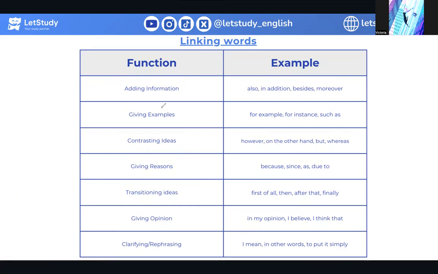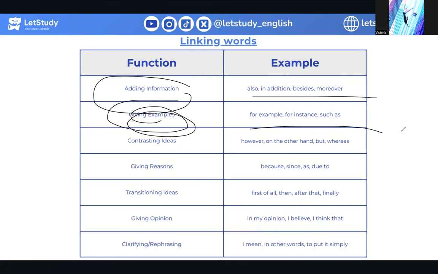So, example of linking words is to add information, like also, in addition, besides, moreover. Oh, in addition to that information, I want to add that blah, blah, blah. It's also used to give examples, for example, for instance, such as. It can also be used to contrast ideas, atau, ide-ide yang beda.